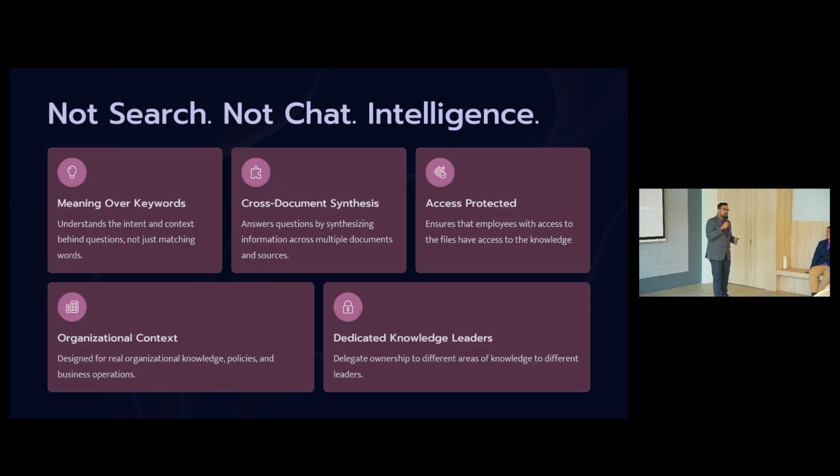You can build your own custom GPT, throw in all the files there, ask questions. You're going to get NLP answers, very relevant answers. But then, how are you going to share the relevant files with your employees? That's where the organizational context and the access protection come in. This is purely built for SMEs and organizations to use for business, right?